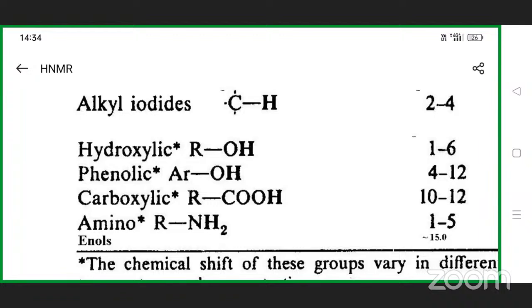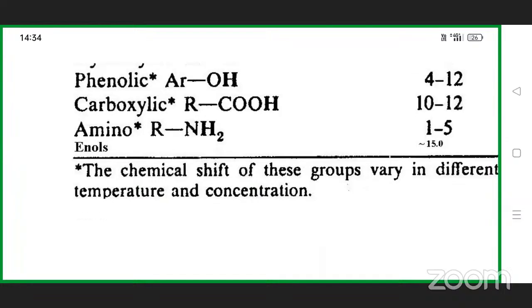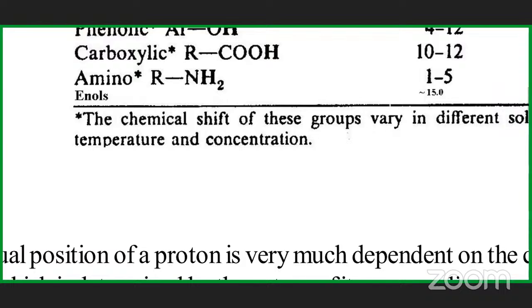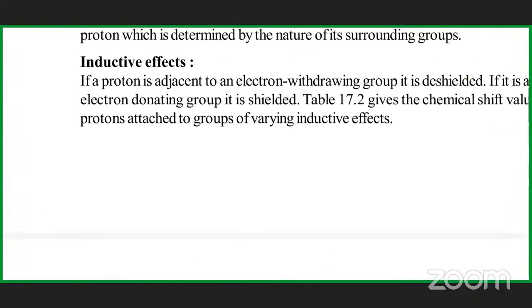So some plus or minus variation will be there, right? Due to the attachment of groups or atoms, the value will fluctuate. And amino protons you can observe in the range of 1 to 5 here, right? So these are the chemical shift values of various groups.